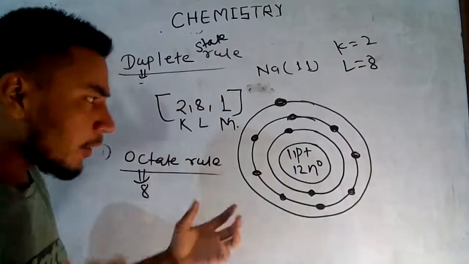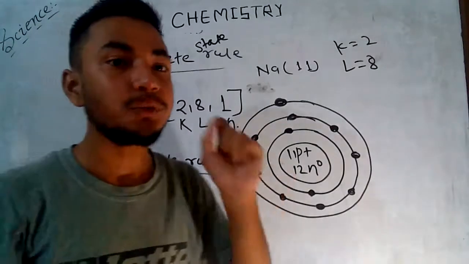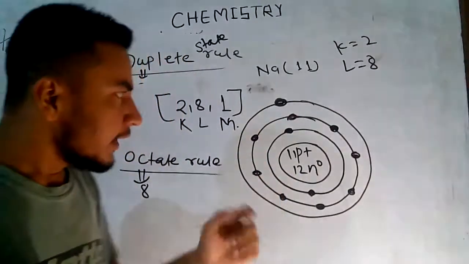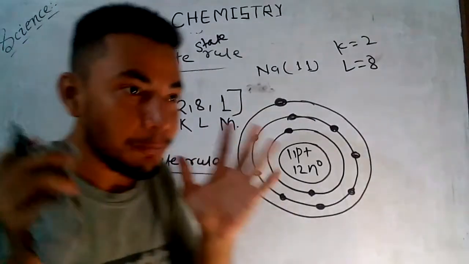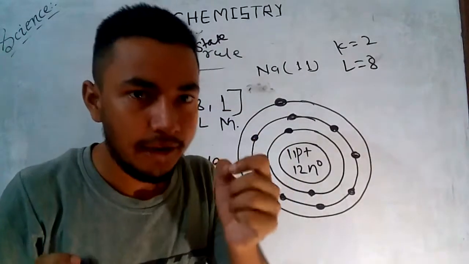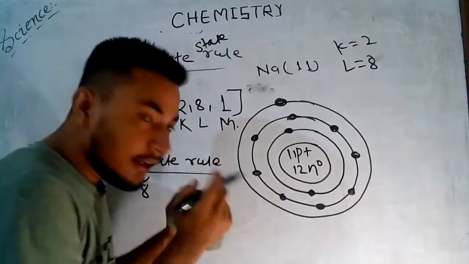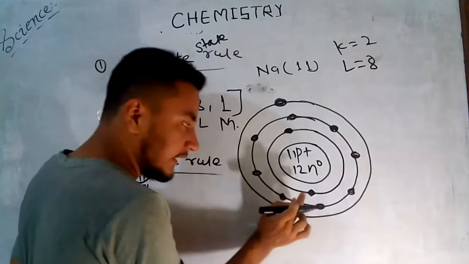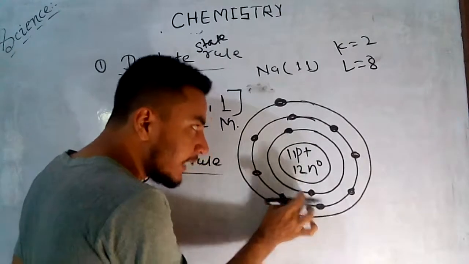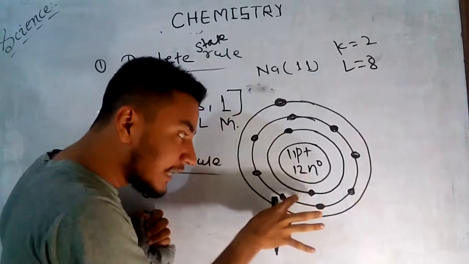From the octet rule, listen here, the valency of sodium is 1. Why? Because the octet rule states that every atom wants to gain 8 electrons in its outermost shell. In the atomic structure of sodium, the first shell has 2 electrons, which is complete, and the second has 8 electrons.